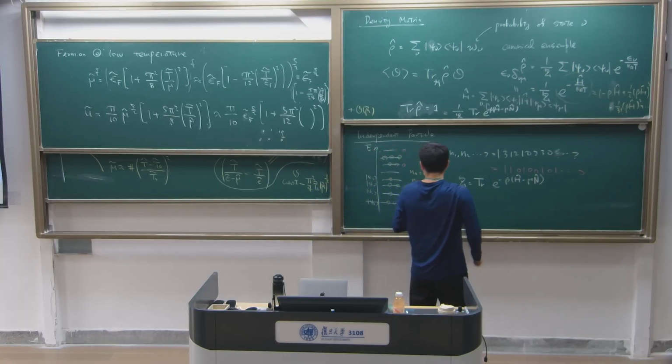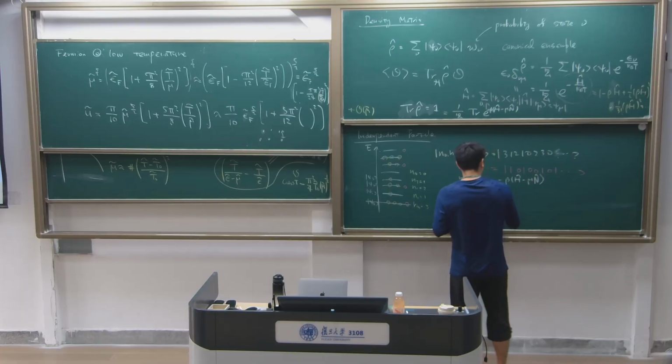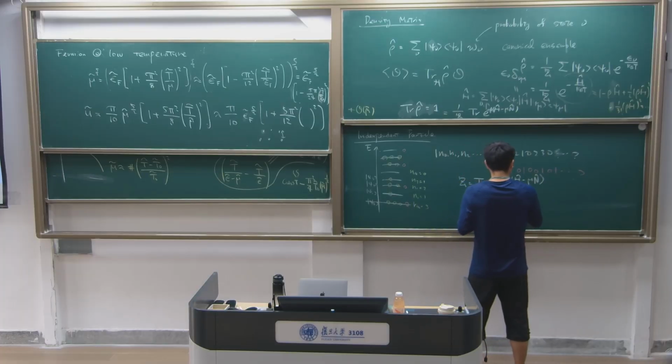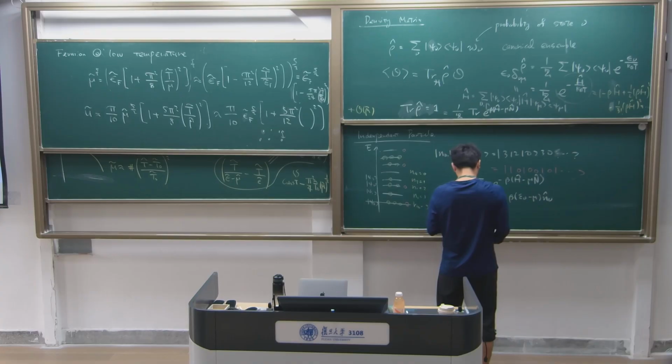And in the case of independent particles, this can be replaced by e to the minus beta (epsilon nu minus mu) n nu, summed over occupations, as a product over all possible nu.